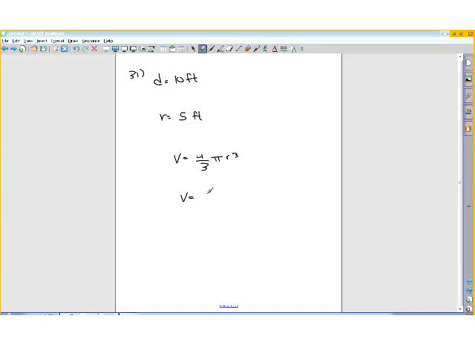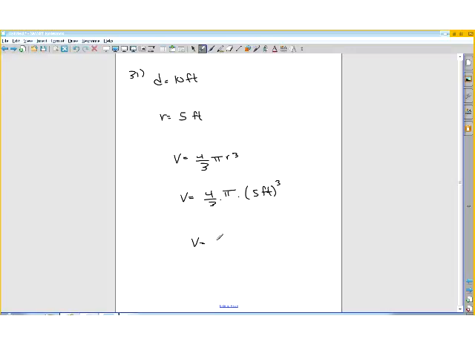So we get 4/3. We're going to leave pi in here, and then r is 5 feet cubed. So we're going to leave pi out of this and multiply 4 divided by 3 times 5 cubed.